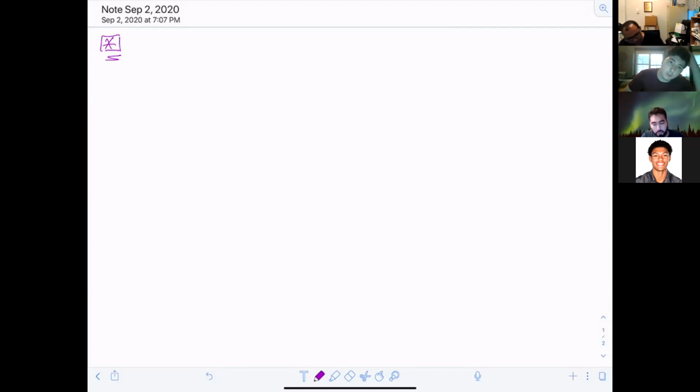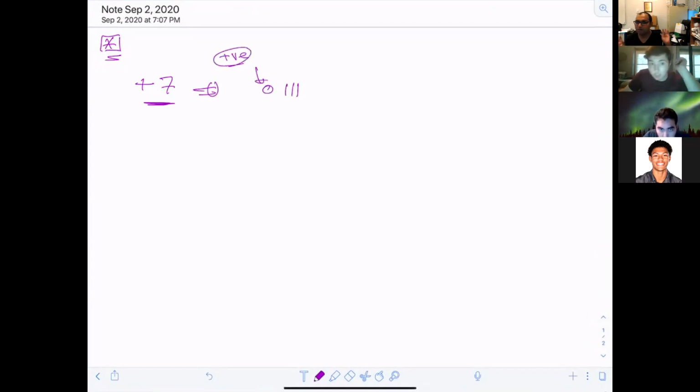So if somebody tells you +7, how can you write it in signed 2's complement? +7 is going to be 1, 2, 3, and 0, which represents that I'm positive. 7 is basically the 3 bits, 2 power 0, 2 power 1, 2 power 2.